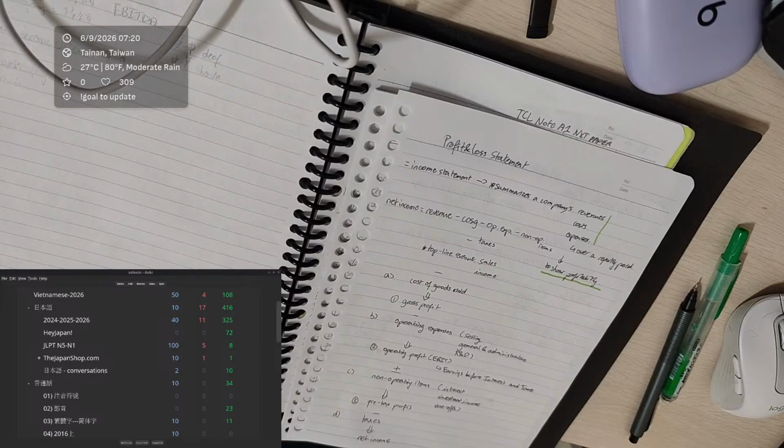So 120 minus 50 is 70, and then you have the non-operating items, such as one-offs, interest, and other costs. If they are $5, then you further deduct them, so that makes $65. And then if tax is 20%, then it's $13. Then you do 65 minus 13, and that makes $52.